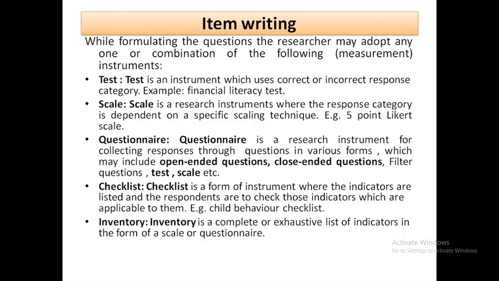Now, while formulating the questions, the researcher may adopt any one or a combination of the following instruments. The instruments are, say, test, scale, questionnaire, checklist, inventory, and there are many others. Now, let's discuss these instruments.